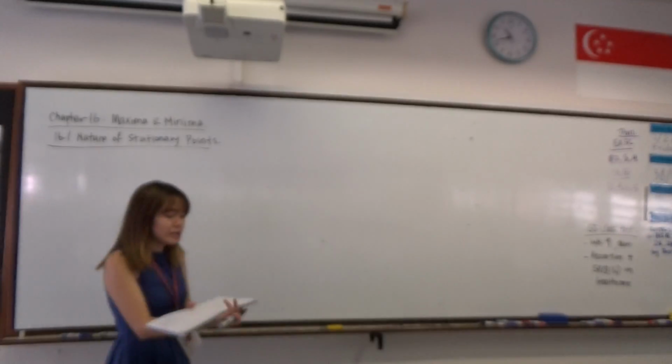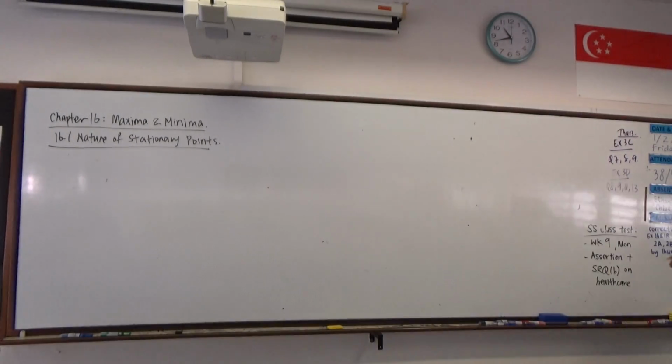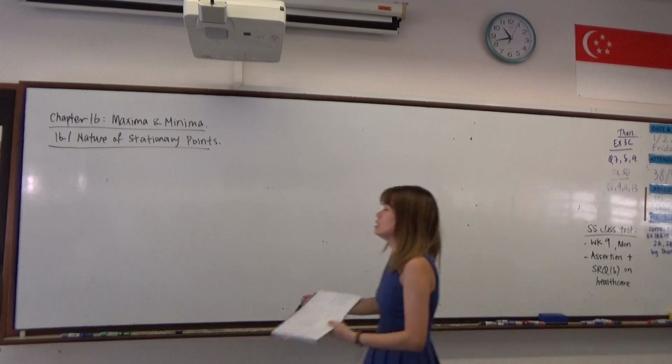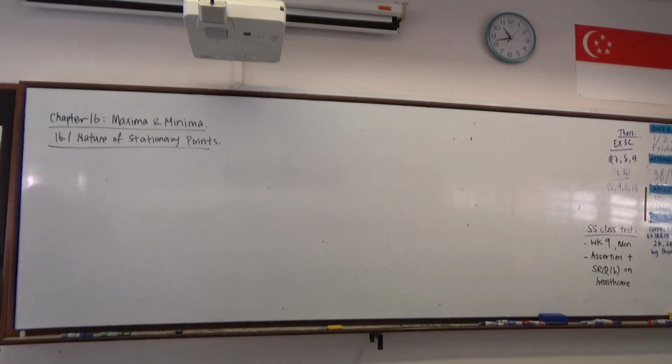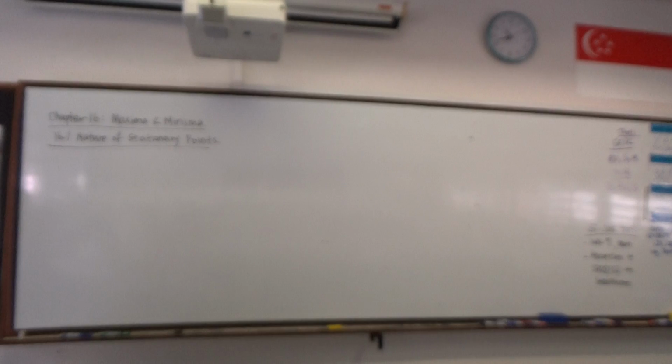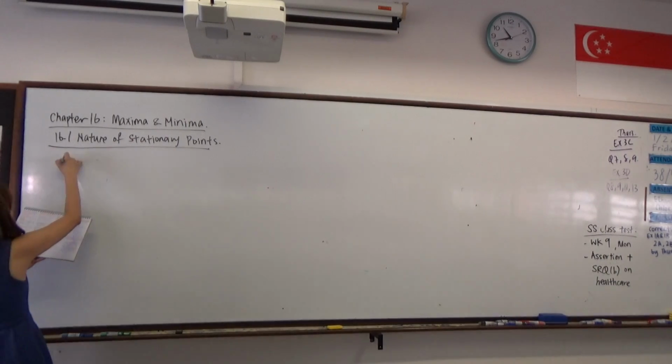Okay, we're going to be studying stationary points. A stationary point on a curve is what we commonly referred to before as your maximum and minimum.